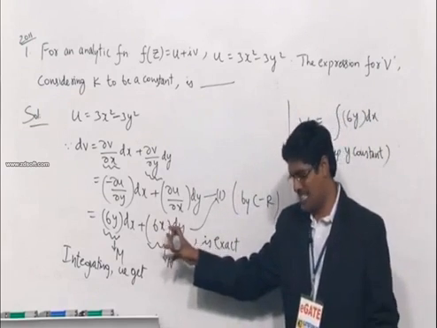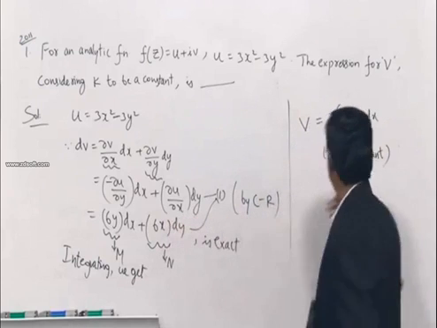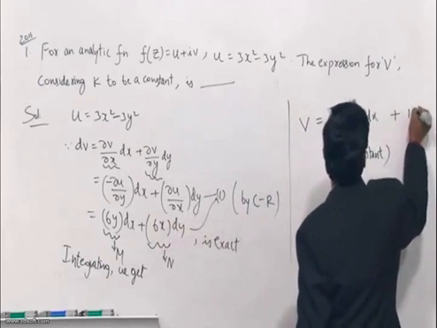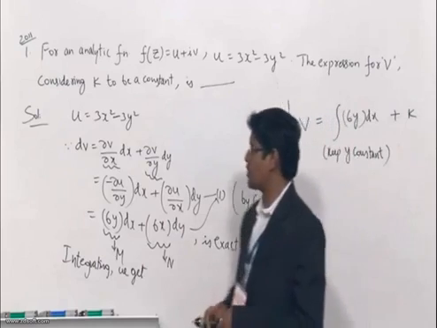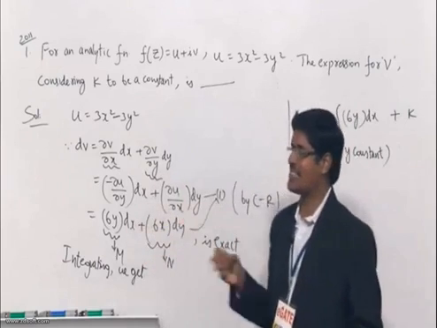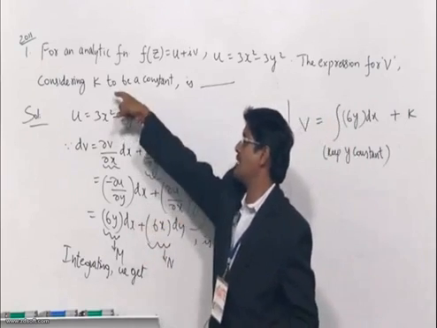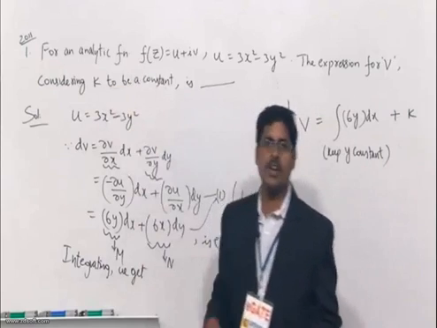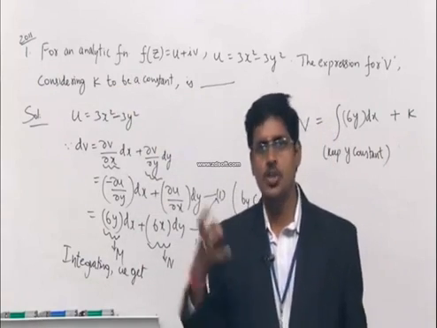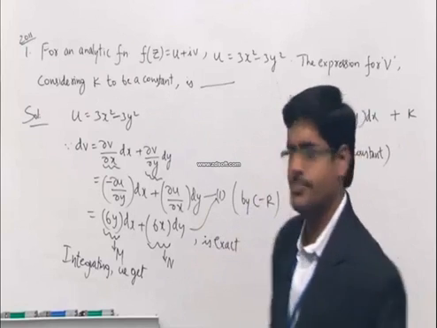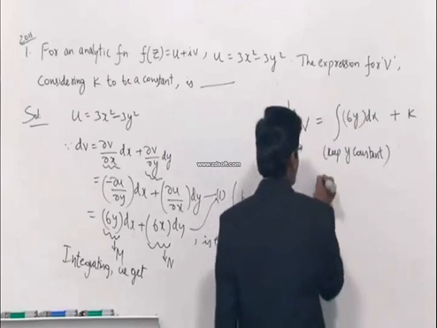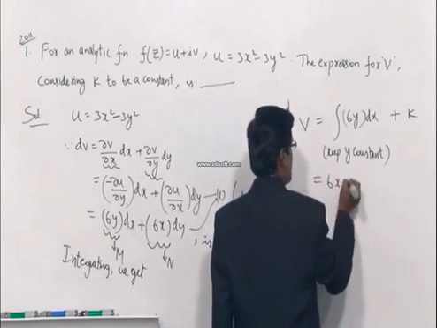There is only one term, 6x, which contains x, so leave that term and then add k, because I gave the procedure that after integrating I add the constant c. Here it is mentioned in the question, considering k to be a constant, that means after integrating you should add k instead of c. So 6y constant, integrating with respect to x, becomes 6xy plus k.